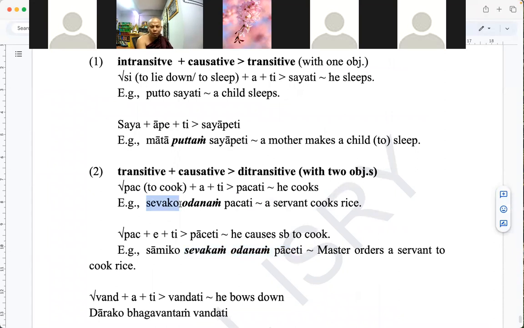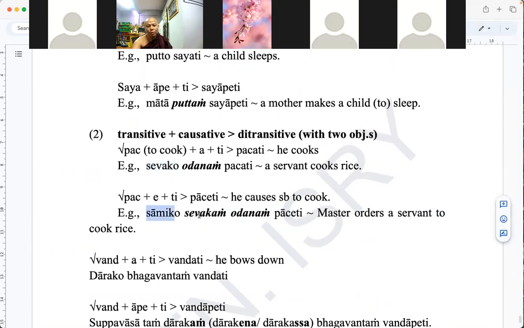In the second sentence also, he himself is a cook in the common sense. But in the causative sense, Sāmiko is the commander, the orderer. He does not cook. The master does not cook. He just gives the command, gives the order.